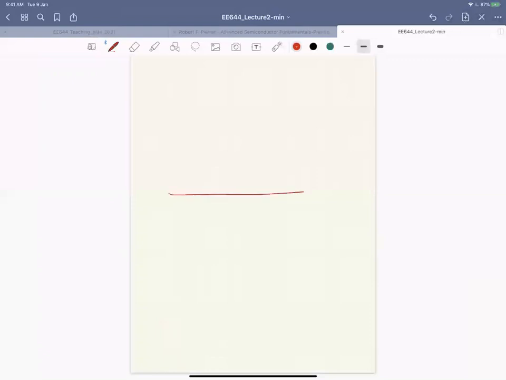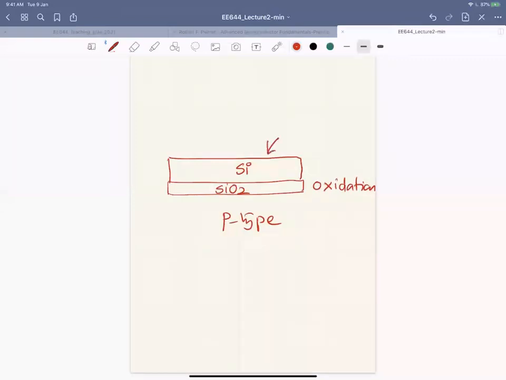If you have a p-type substrate here, you grow oxide through an oxidation process. On top of that, you deposit gate material, which is basically silicon. Since the silicon is deposited on silicon dioxide, it cannot take a crystalline form. So that's the reason it becomes polycrystalline, right?